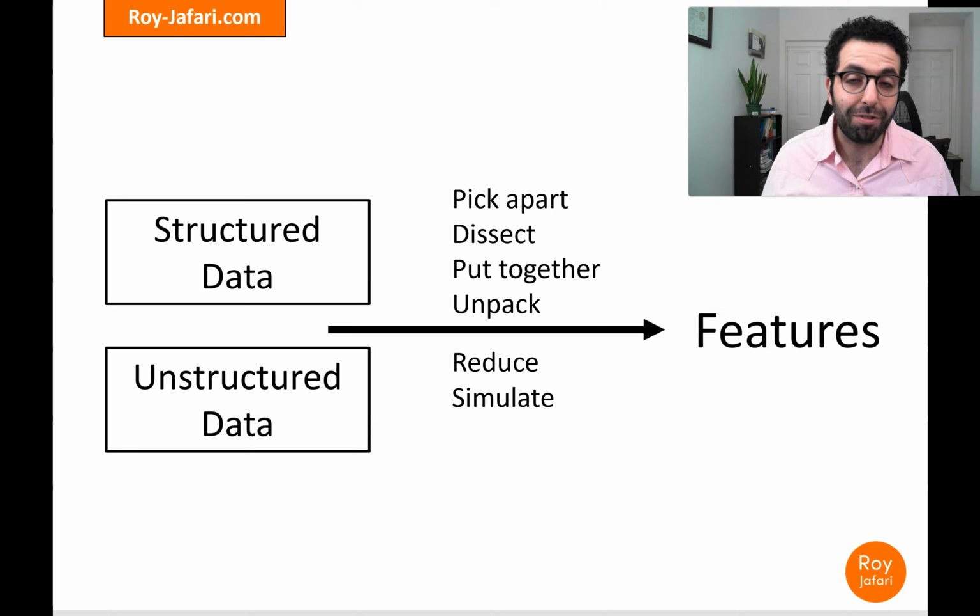So there may be different methods, and some of them are heuristic and some of them are more established methods to go about this. I believe the best way we can actually learn substantially about feature extraction is through examples. So we're going to see a couple of examples here together.